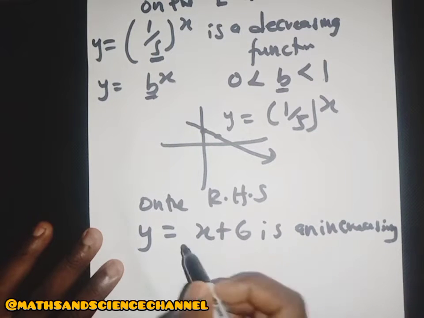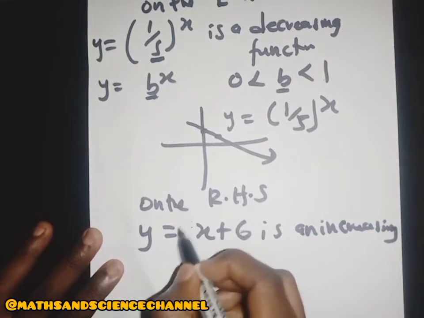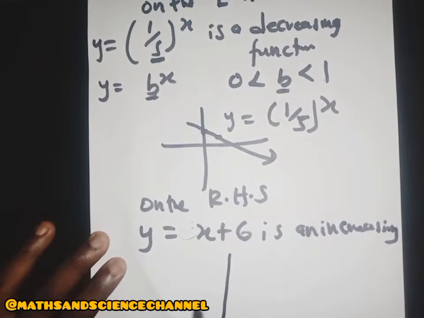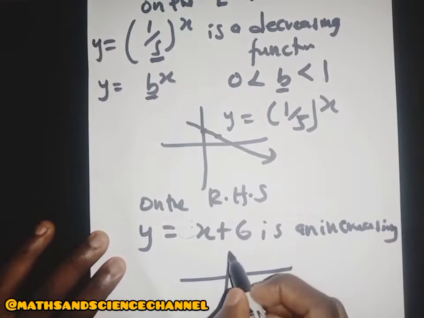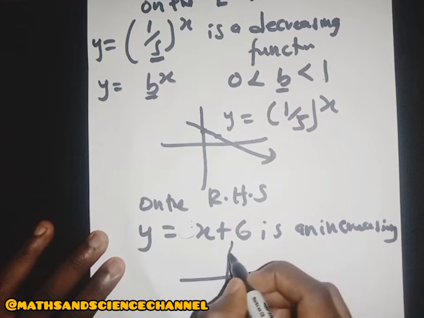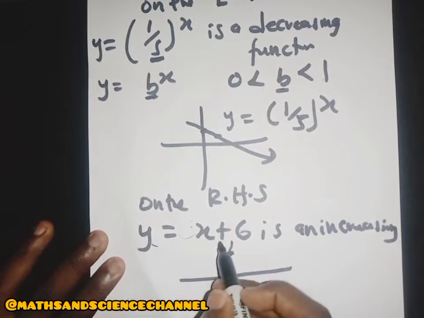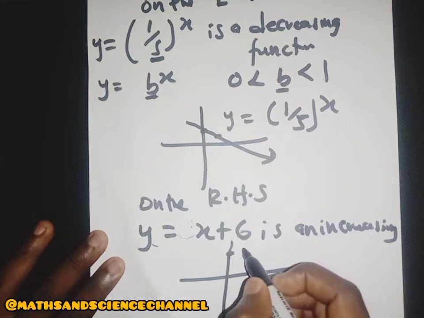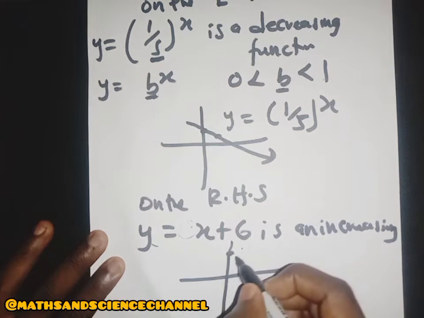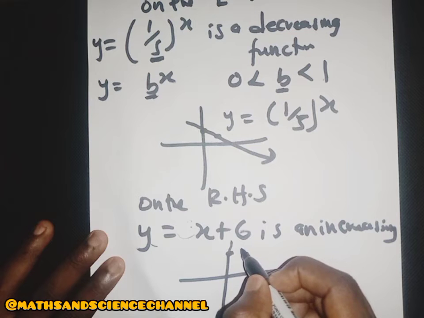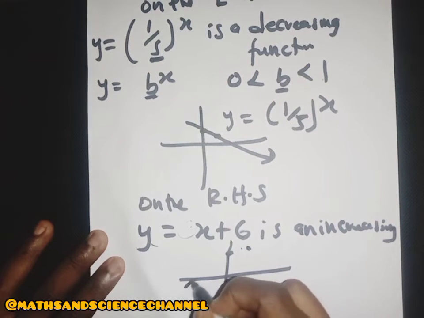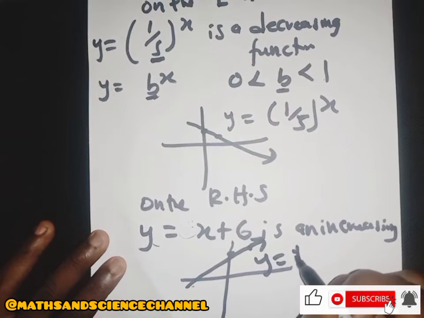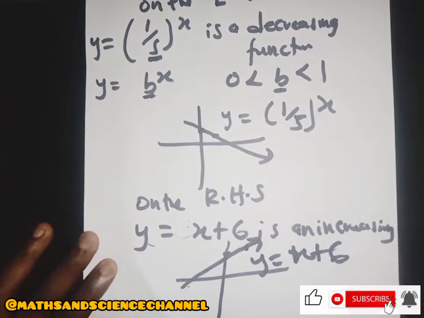So if you sketch something like this, you realize that if x is 0, y is 6, so let's say somewhere here, and then if x is 1, then y is 7, so it's just increasing, moving in this direction. So we have y equal to x + 6 in this direction.